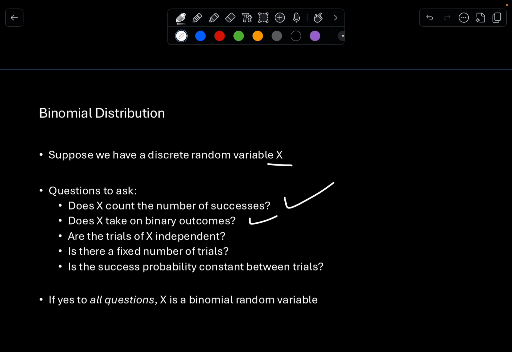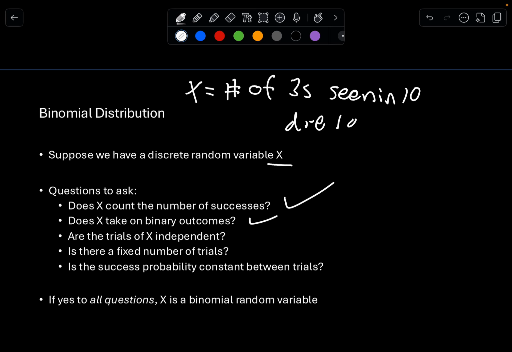Be careful here. Let's say X is the number of threes seen in 10 die rolls. Well, you can have another number besides 3.